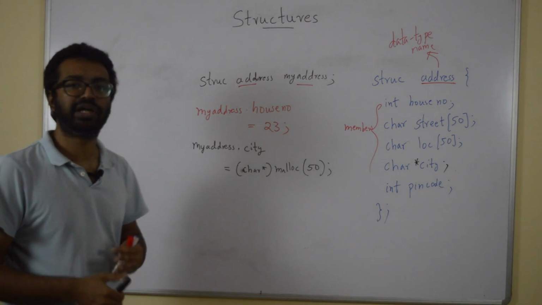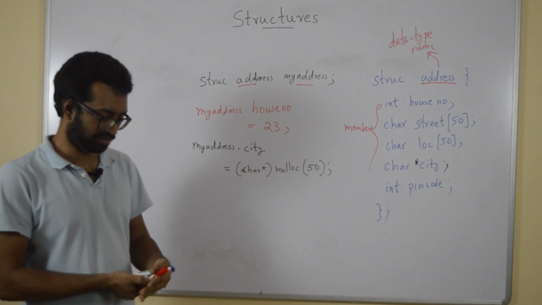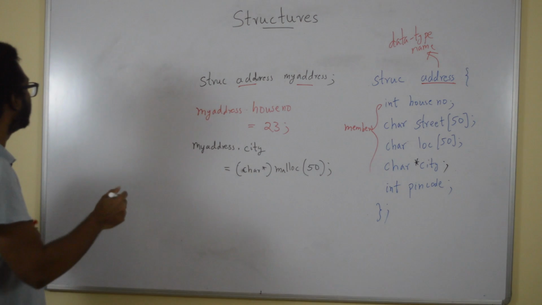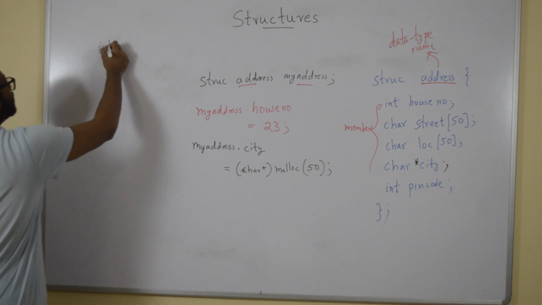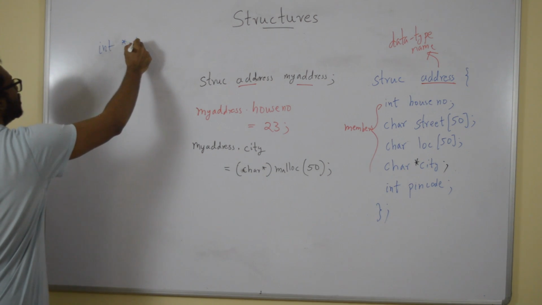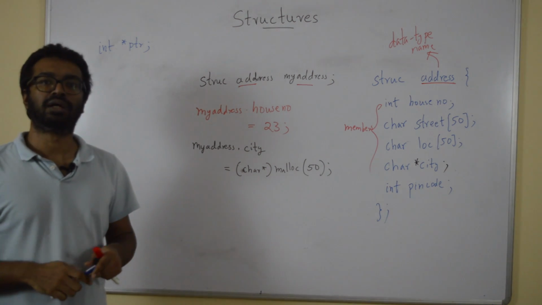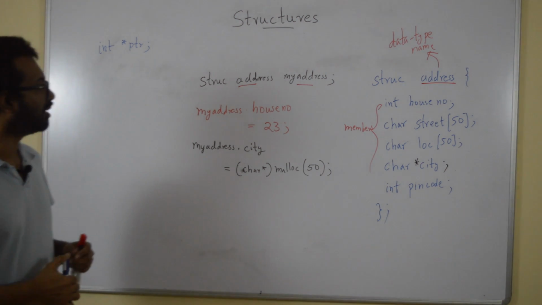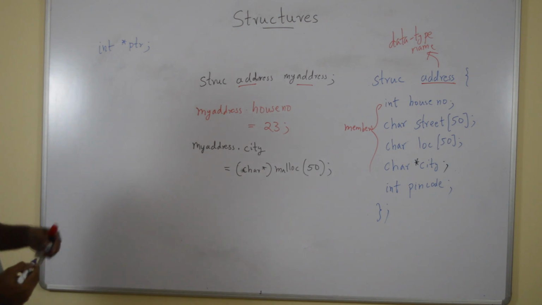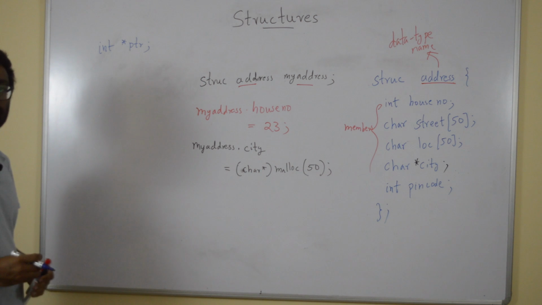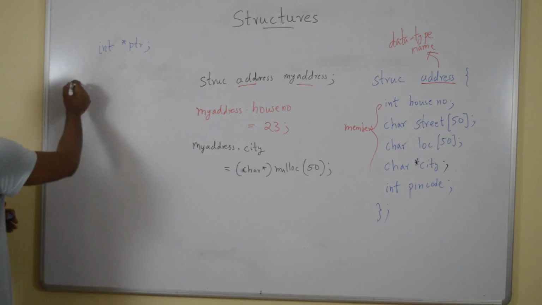Exactly like how I declare a pointer to an int data type. So let's see, how do I declare a pointer to an integer variable? I would have written this, right? This is how I would declare a pointer to an integer variable. So similarly, I am going to declare a pointer to the address data type as follows.